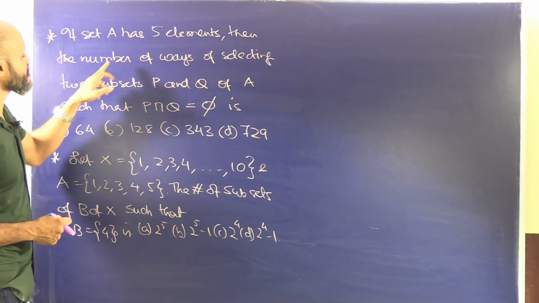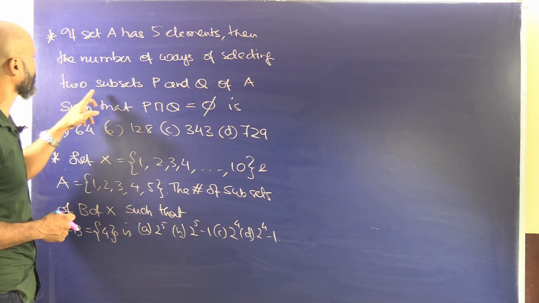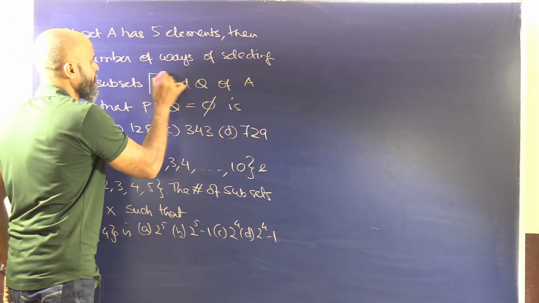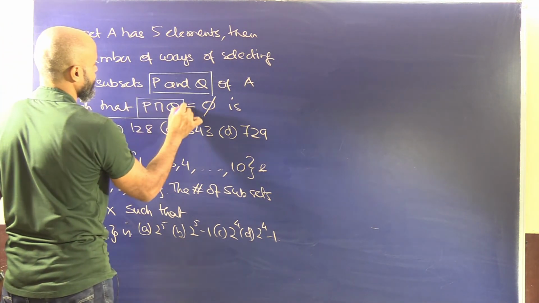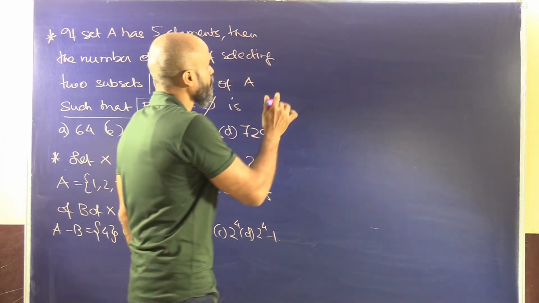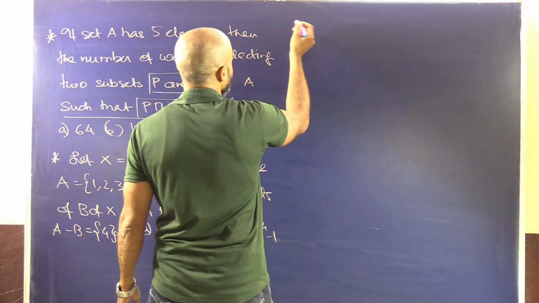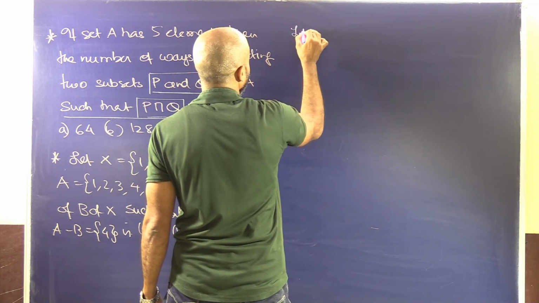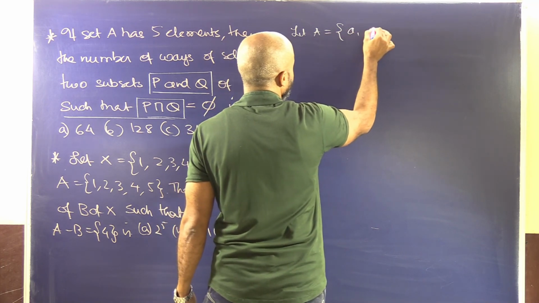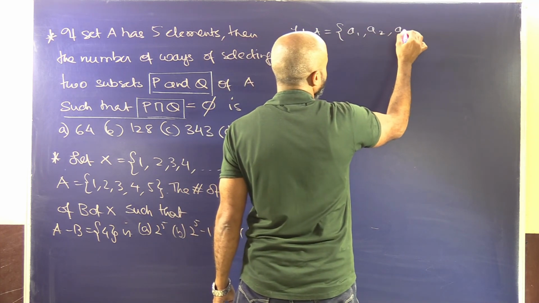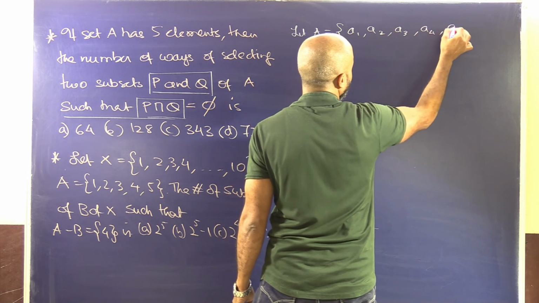If set A has 5 elements, then the number of ways of selecting two subsets P and Q of A such that P intersection Q is the null set. So what we are trying to select here is, let A be represented as A1, A2, A3, A4 and A5.